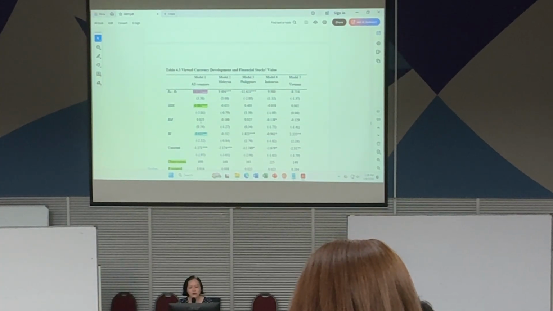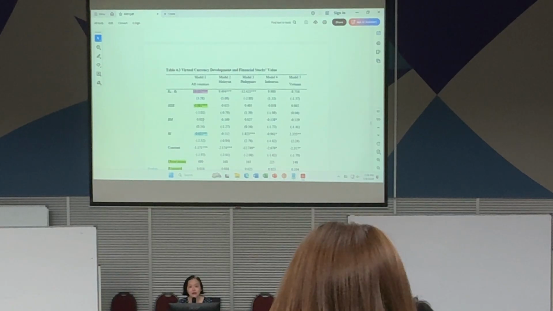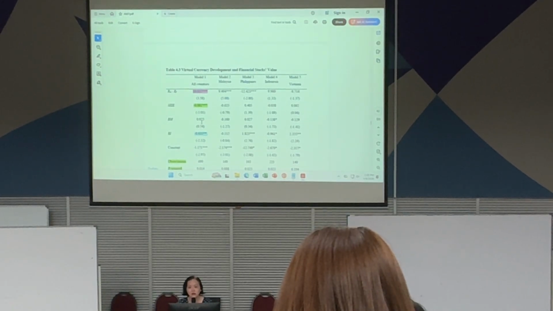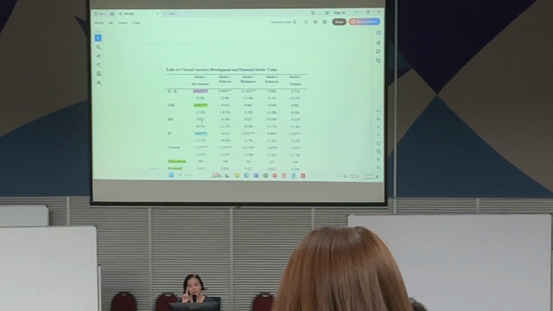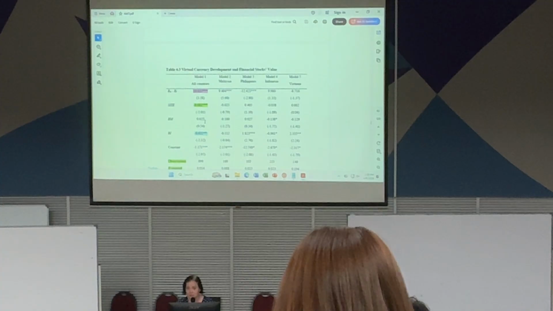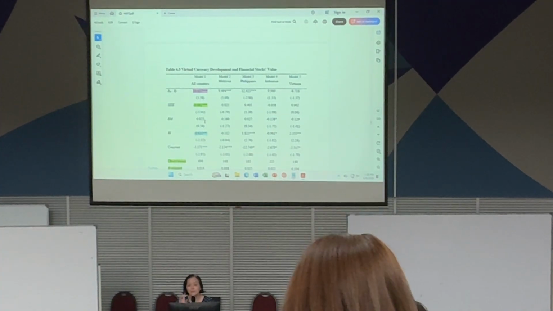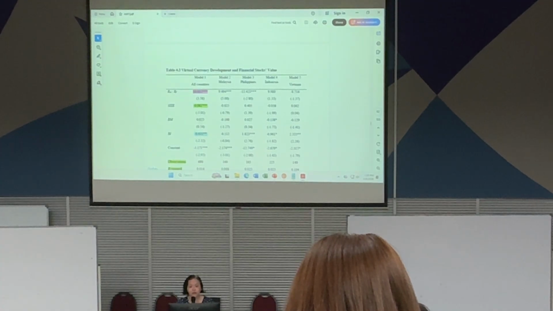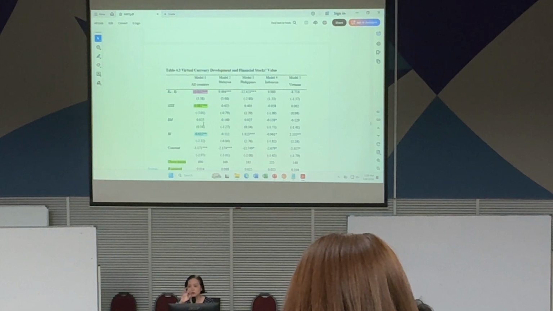But what happened if there is no star? Like BM here, no star. What does it mean? No relationship. You can report it as positive but not statistically significant, but it means no relationship. So when you interpret, can you say there is a positive relationship? No, no relationship. So you bring in journals that also found no relationship.